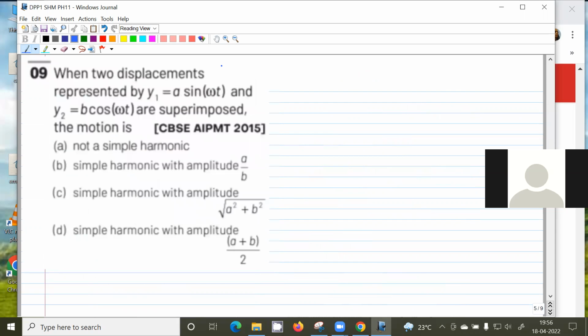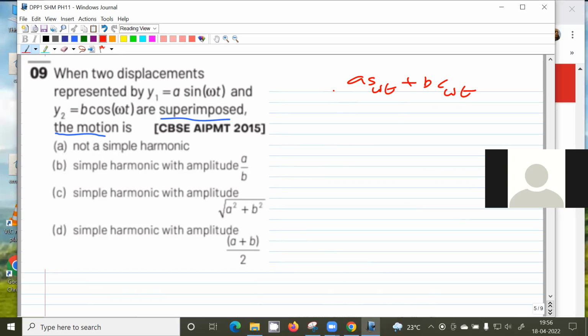Try this one: when two displacements y1 and y2 are superimposed. It is a trivial theoretical question. So what will happen when you combine sine and cos? It's already covered in theory, no? Simple harmonic combination: A sine omega t plus B cos omega t.